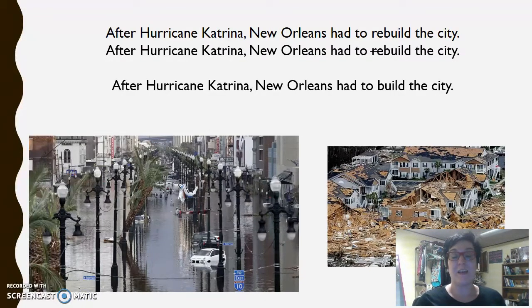And the sentence now says, after Hurricane Katrina, New Orleans had to build the city. So how does that change the sentence? Yep, re means again. So, if you're rebuilding, it means you're building again. Wouldn't make sense to build New Orleans after it's already been there, would it?